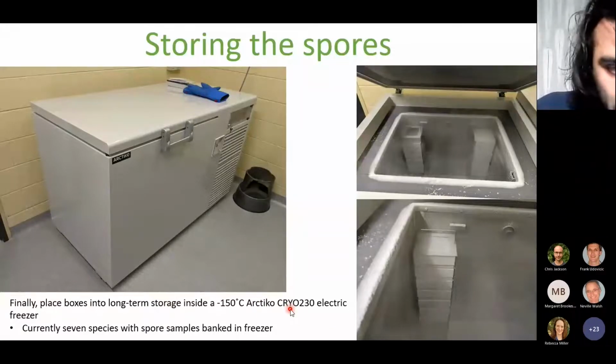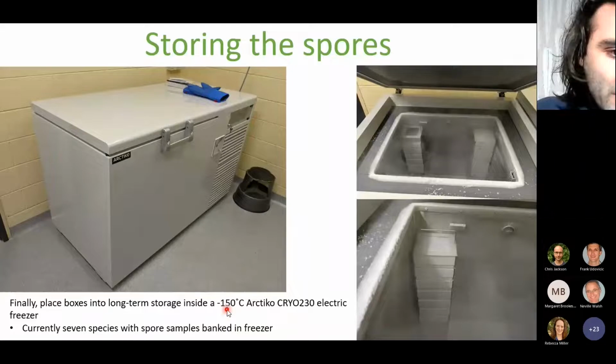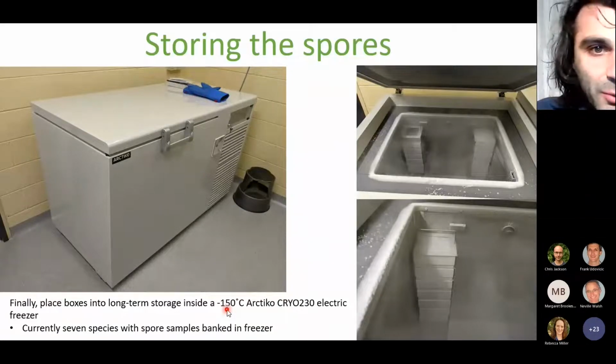The reason why we went for an electric freezer is that instead of getting liquid nitrogen, which is often used for storing species that require really low temperatures, liquid nitrogen was not compatible to our area that we could keep them in the basement of the herbarium for health and safety reasons. So we went for an electric freezer instead.